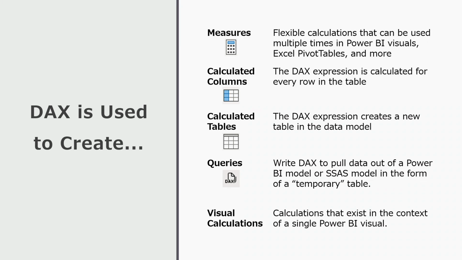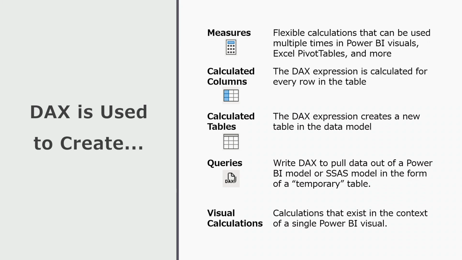The newest way to write DAX, maybe a year and a half old now, is called visual calculations. Typically when we're writing DAX, we're writing a measure, a column or a table, and that particular element is living within our semantic model, so it gets reused, right?